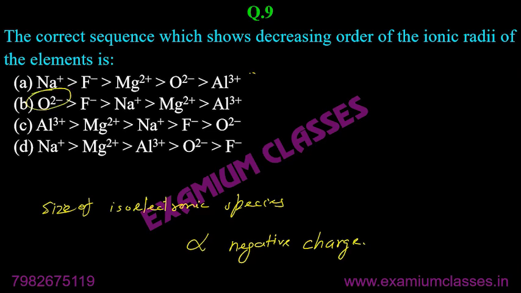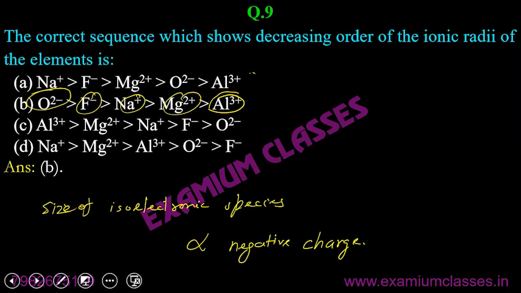Here it is at the greatest position, largest to minimum, small. -2, -1, +1, +2, +3. It means, yes, size is decreasing. Size of isoelectronic species is proportional to negative charge. It means B is the correct answer here.